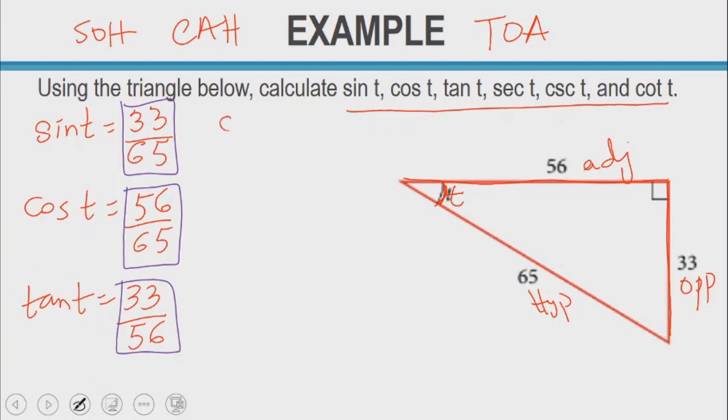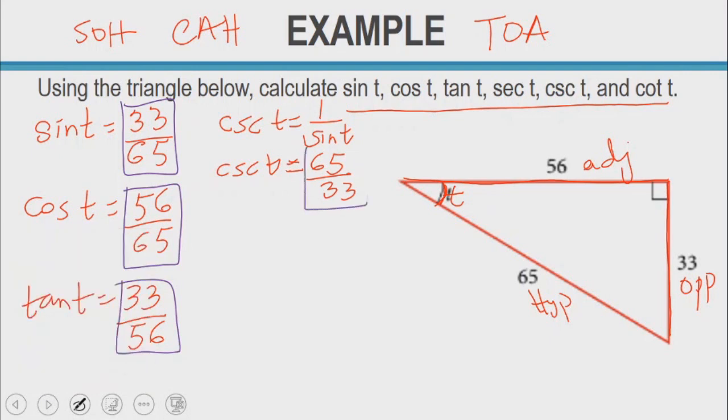So now let's do cosecant T. So that is 1 over sine T, okay? So cosecant T will be 65 over 33, okay?